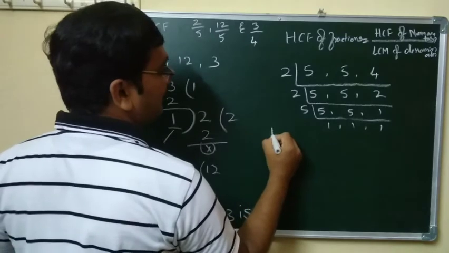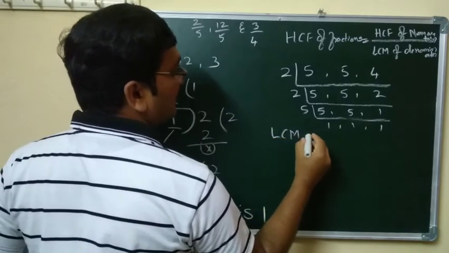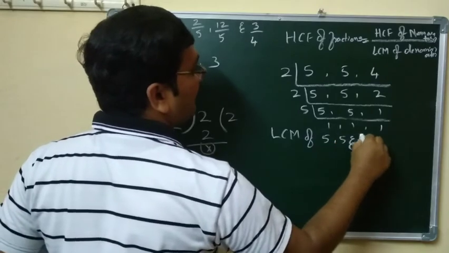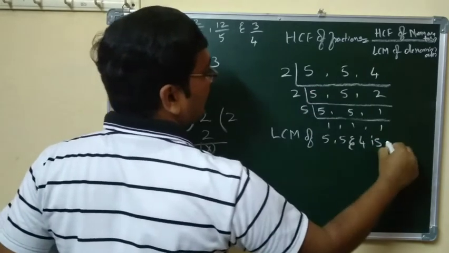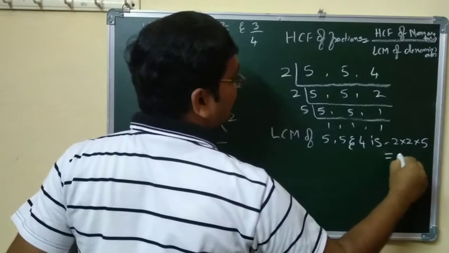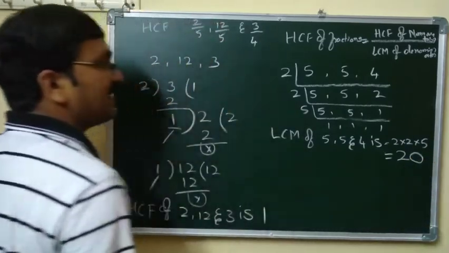So LCM of 1, 5 and 4 is 2 into 2 into 5. That becomes 20.